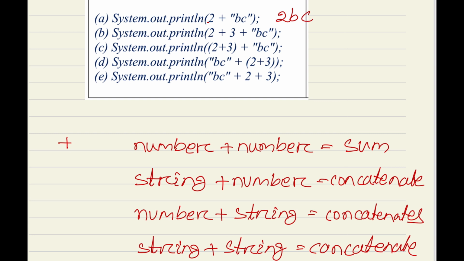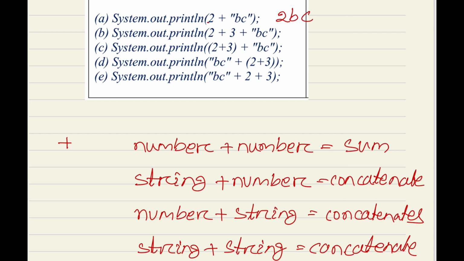Now move to the next one. System.out.println 2 plus 3 plus BC, and we know that here two addition operators are there, and this addition operator is left associative. That means when multiple addition operations are in an expression, they are evaluated from left to right.